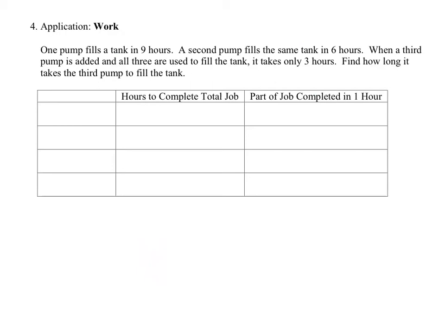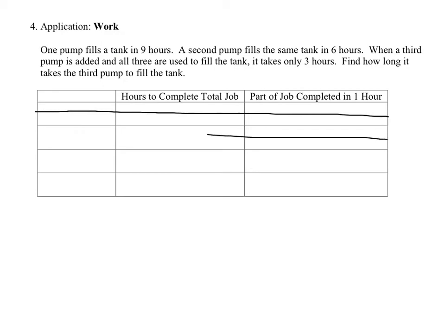Okay, for this problem, I'm going to divide this up a little bit differently, and then I'll put in a couple labels. Okay, so one pump fills a tank in 9 hours. So pump 1: hours to complete the total job, 9.